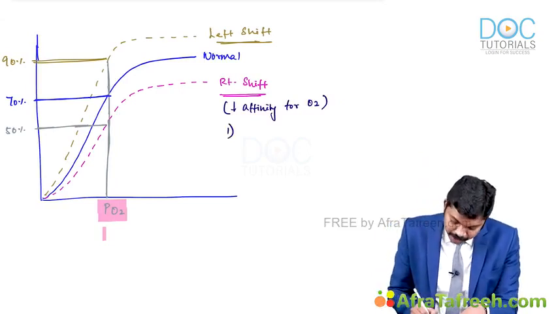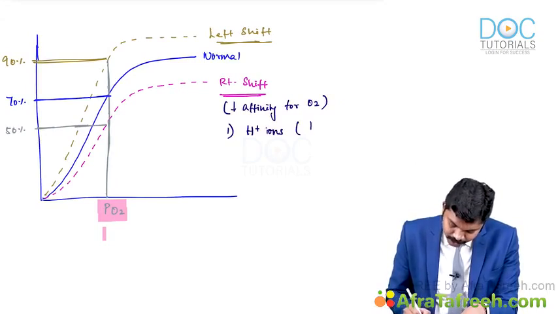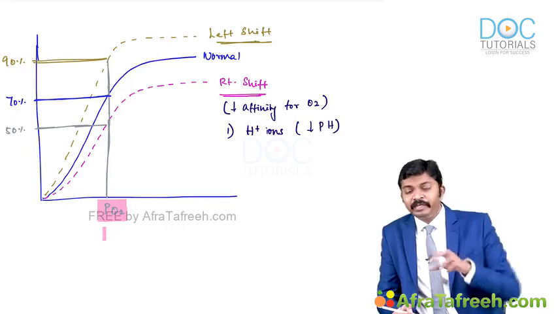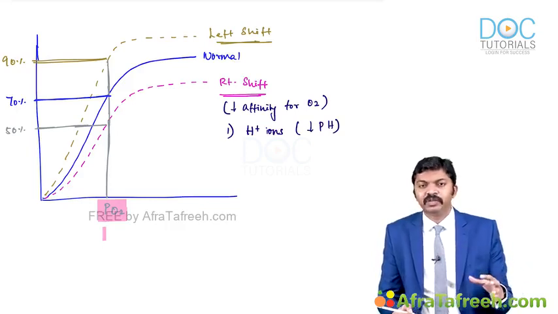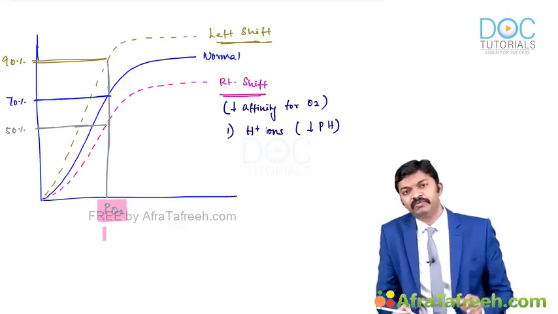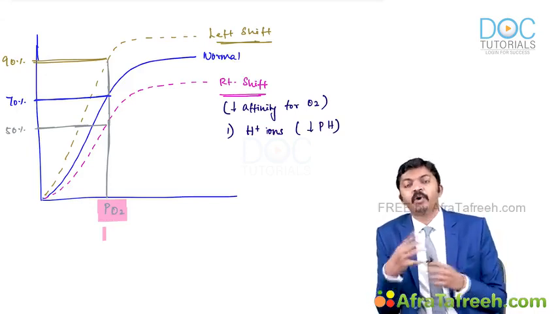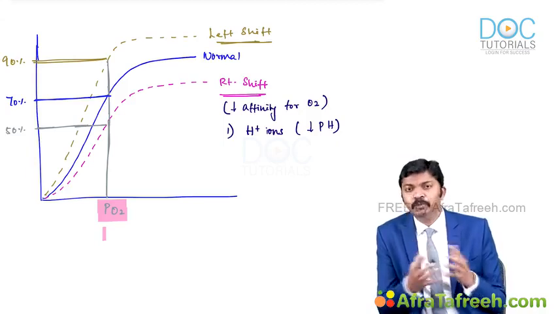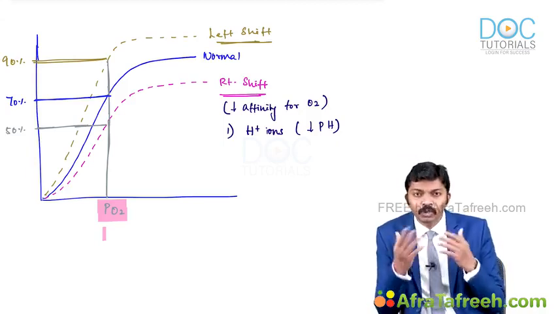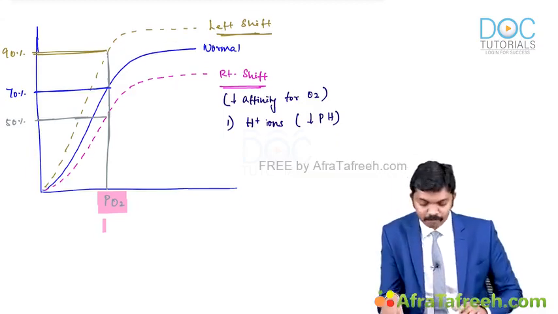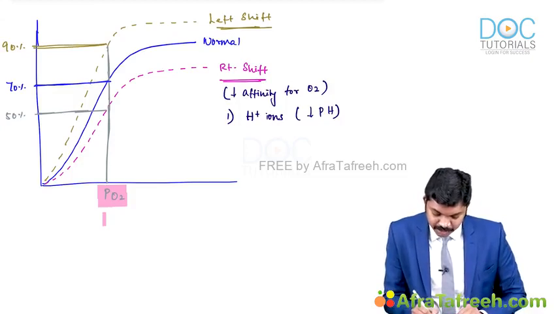Number 1, the presence of H plus ion, which means when there is less pH, acidosis, hemoglobin tends to remain in a deoxy configuration rather than in an oxy configuration. Hemoglobin tends to remain in the unbound state rather than in a bound configuration. So this stabilizes the unbound form of hemoglobin, thereby hemoglobin loses oxygen, thereby the saturation falls, and the curve gets shifted to right. Point number 1 is acidosis, decreased pH.